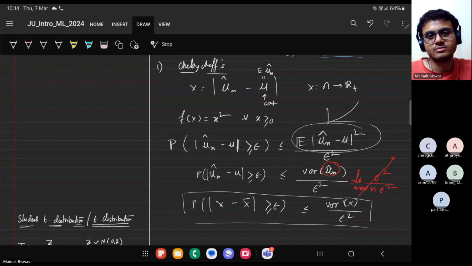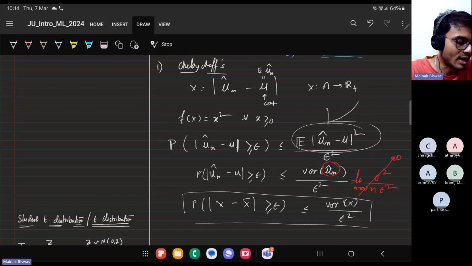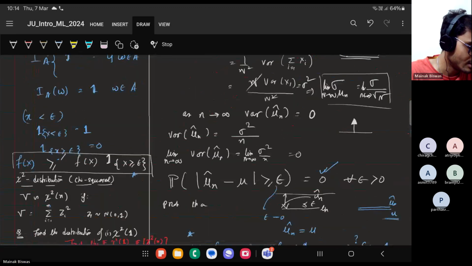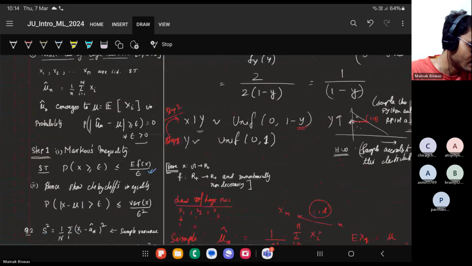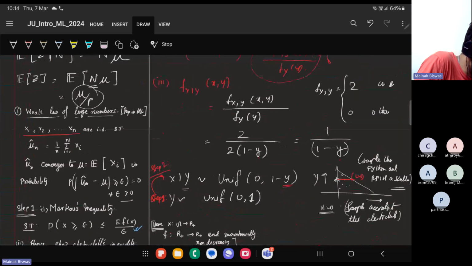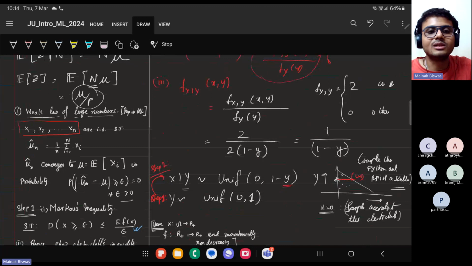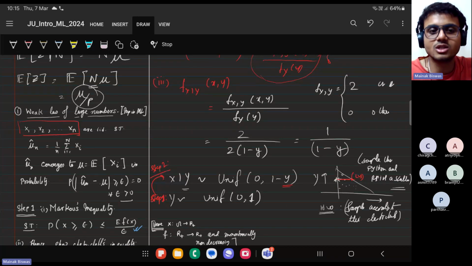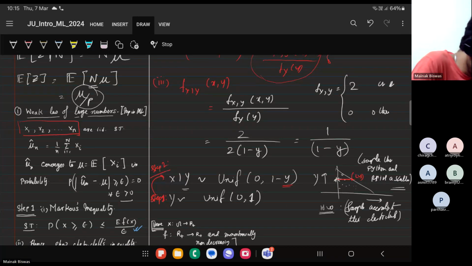Proved. Now, what does this result give me? It gives me the idea that when I have n samples of a random variable, then the sample mean of that random variable converges to the actual mean, right?